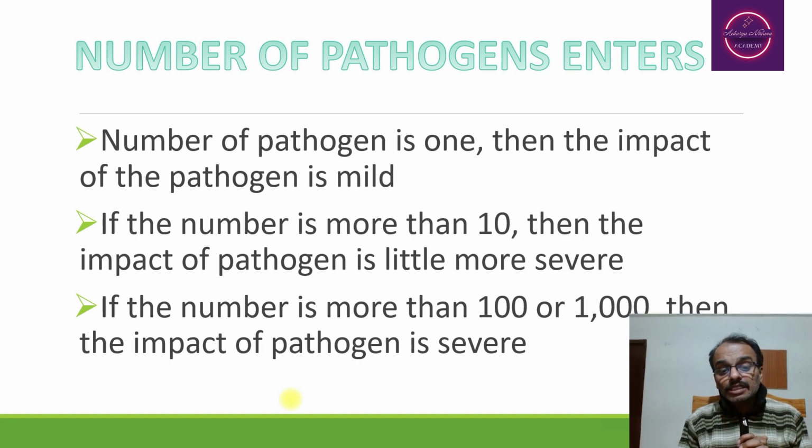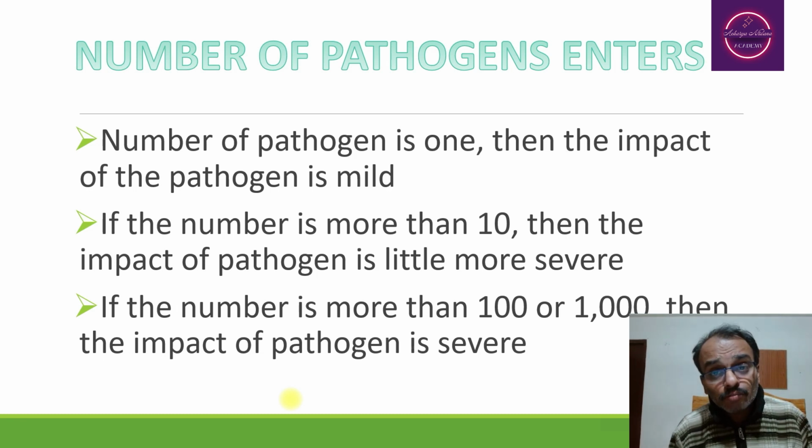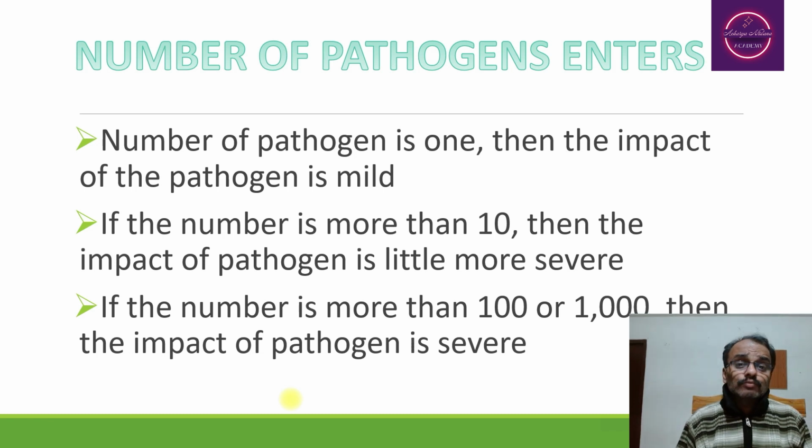Suppose the number of pathogens present is more than 100 or 1000, then the impact of the pathogen in the body will be much more severe compared to the other two events. Suppose 1000 pathogens enter through the mouth. It is likely to produce abnormal functioning of digestive fire, hydrochloric acid, and pepsinogen, and it may damage the gastric mucosa.